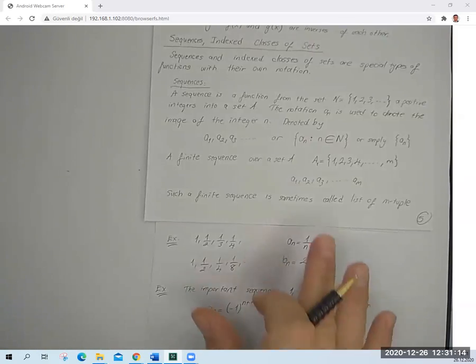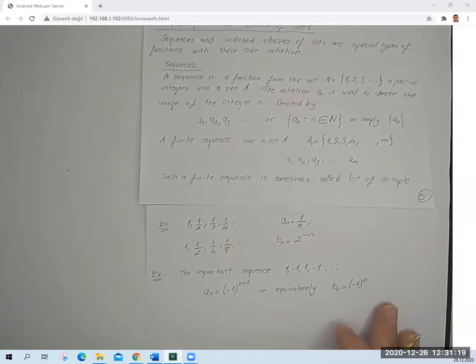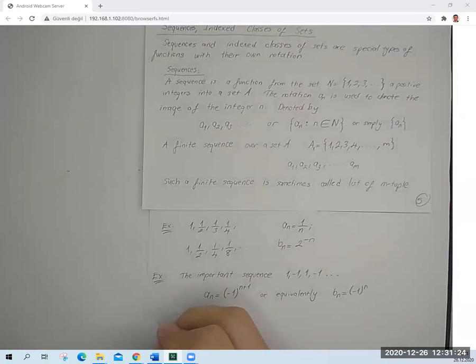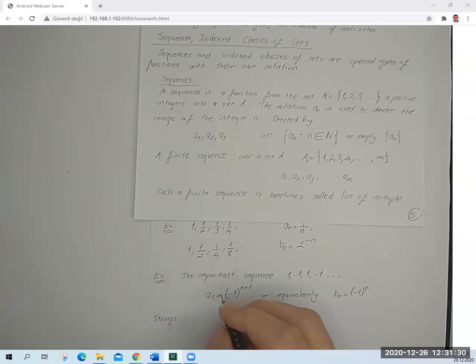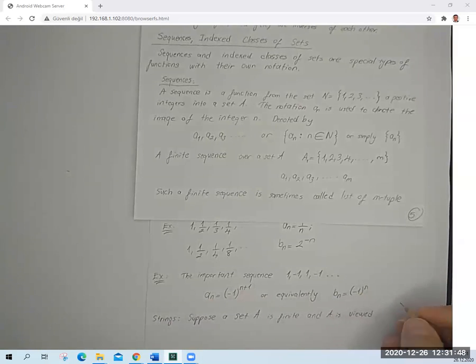Okay, there are strings. Let's write that one. Let's say there is the set A, which is finite, and A is viewed as a character set or alphabet.